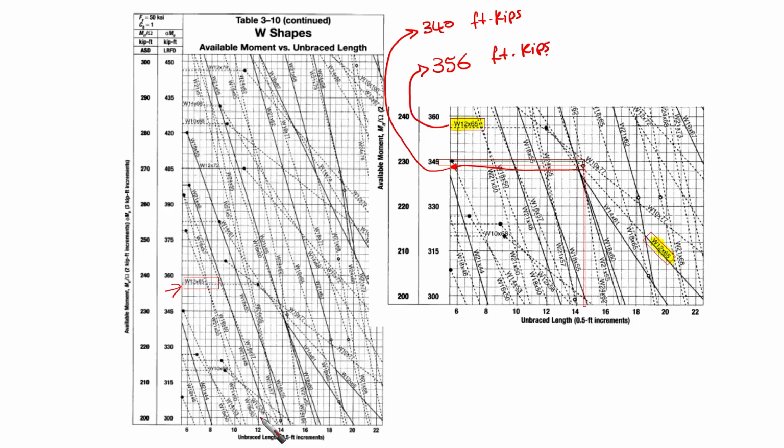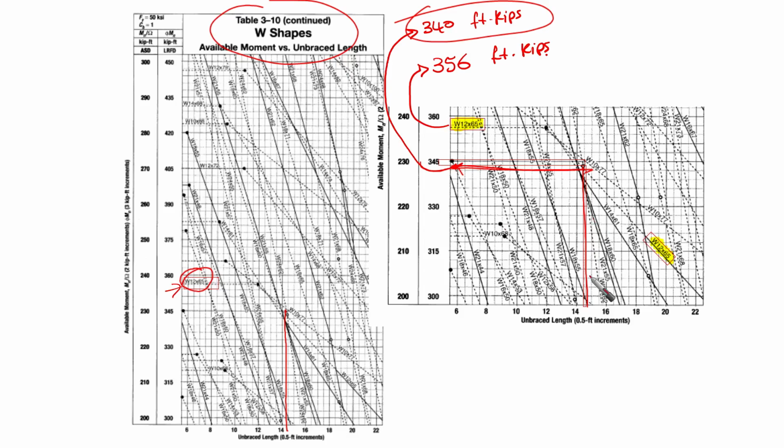Okay, so these values, as you can see here, you can go to the wide flange shapes for W15 by 65 here, and then go with 15, for example, and then this is what you're going to find here. This is the value, which is 340 almost.